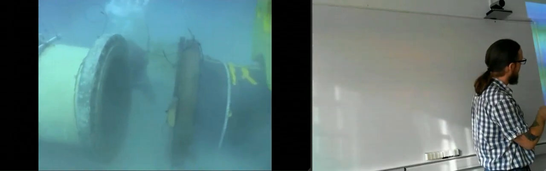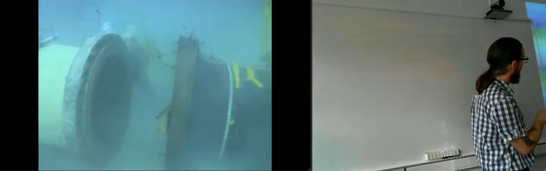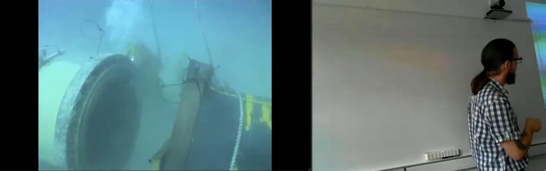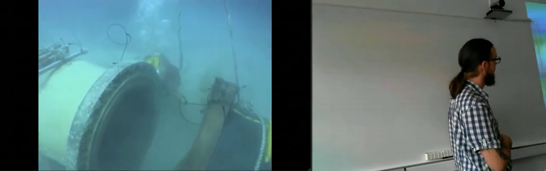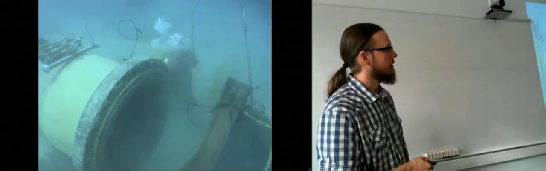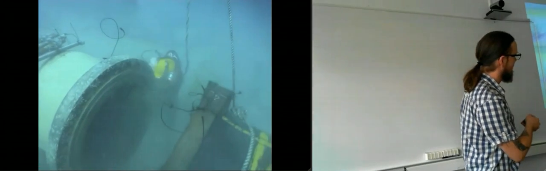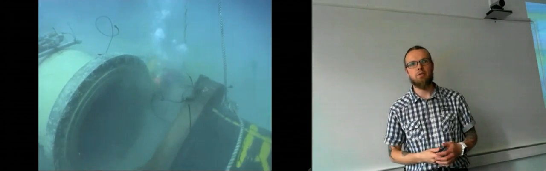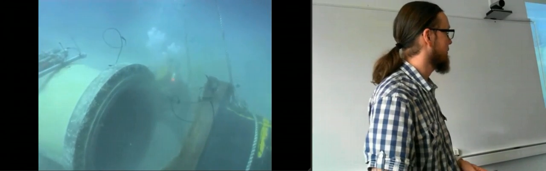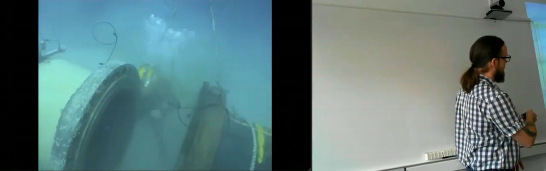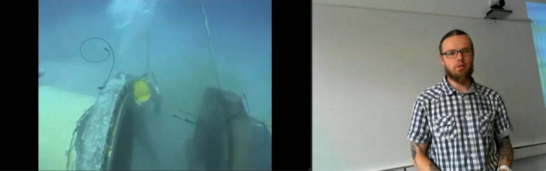But he's doing a lot of stuff here. I think he's connecting some wires that they're going to pull it into the correct position with. So, but I thought it was nice to just show you how much this swirling of sediments can actually obscure your view when you're down there. So I really don't know how he sees anything at all when he's down there.